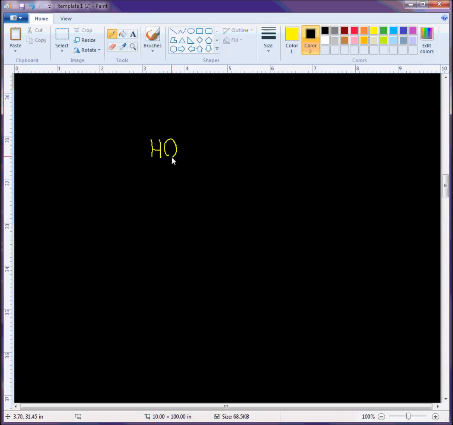A hydroxyl group there, and a carbon, and then 2 hydrogens here. I'm not looking at anything, going from my memory here, so let's see if I can avoid making any mistakes. We have a carbon here, oxygen here, carbon here, and then 2 more carbons down here. So there should be 5 carbons here.